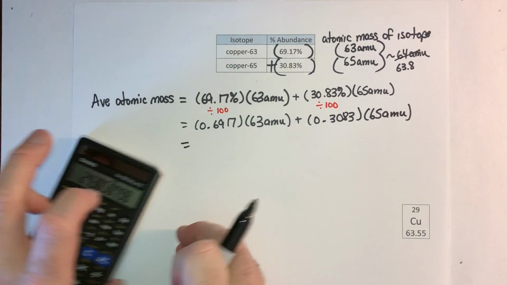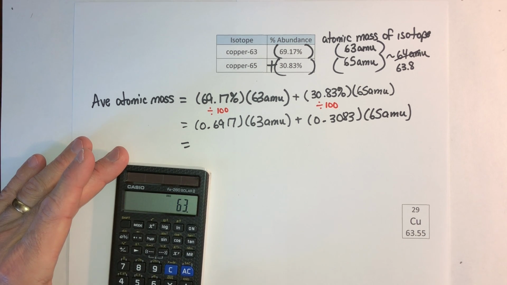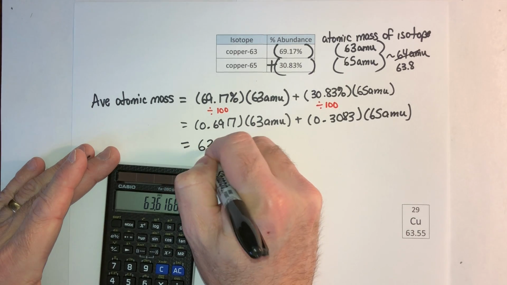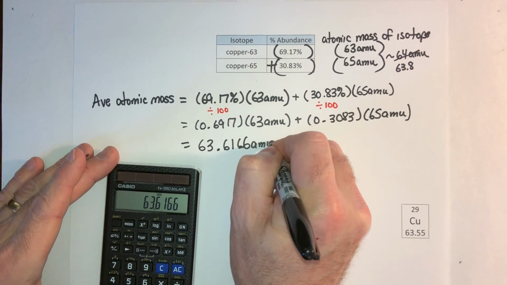And if we pull out our calculator, 0.6917 times 63 plus 0.3083 times 65 gives me an answer of 63.6166 atomic mass units.